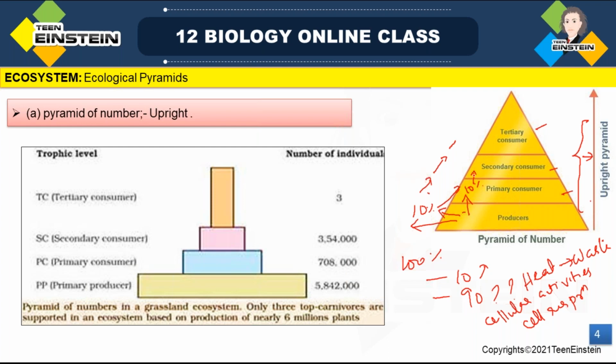The remaining 90% is getting wasted, in the form of waste or heat, or otherwise it is utilized for cellular activities like cell respiration. That time it will break down and that energy will be used for cellular activities. Got it?